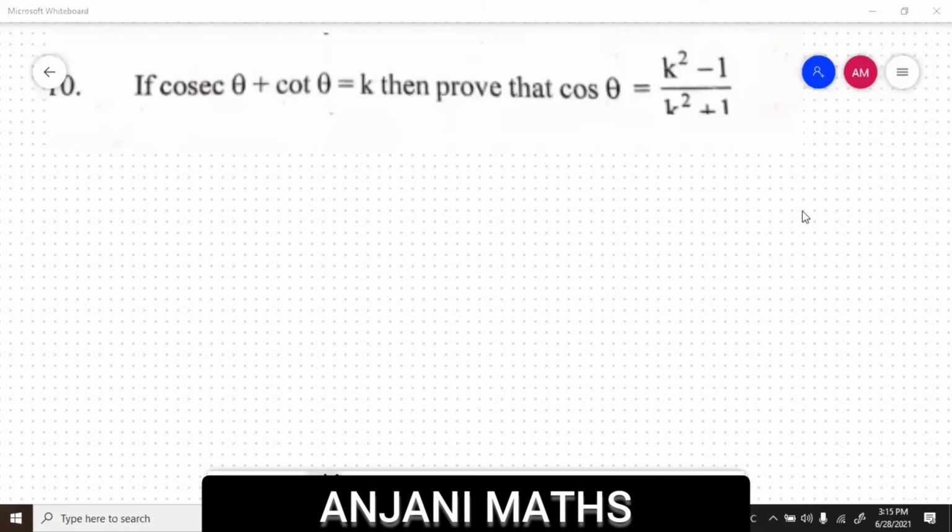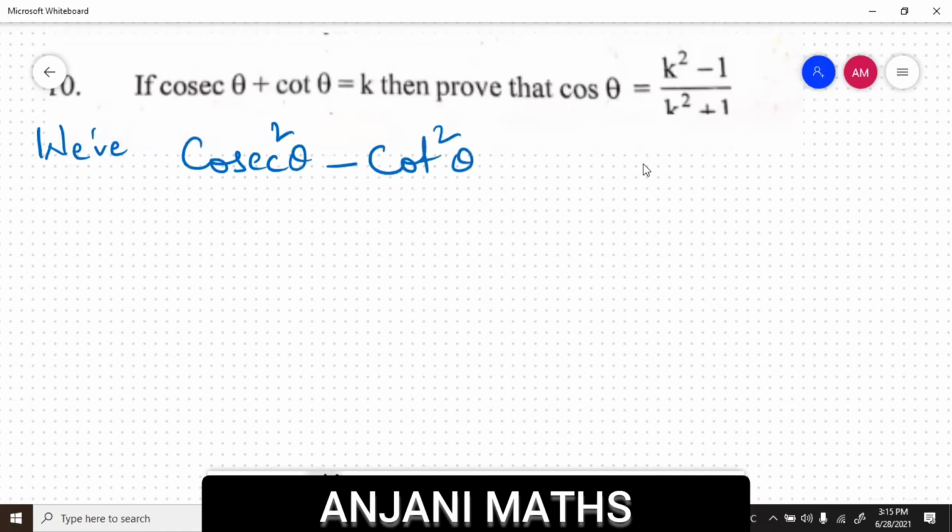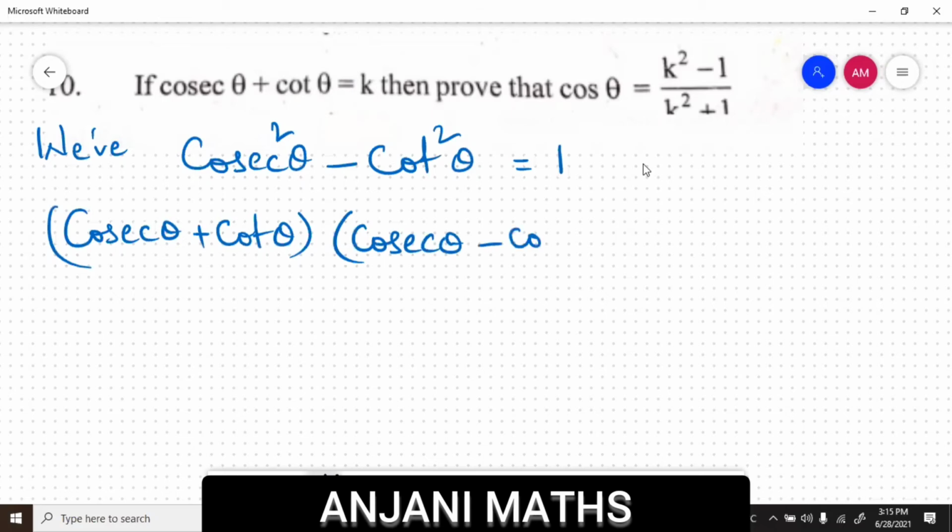Remember the trigonometric identity in terms of cosecant theta and cot theta: cosecant square theta minus cot square theta is equal to 1. Now, what is a square minus b square? a plus b into a minus b.